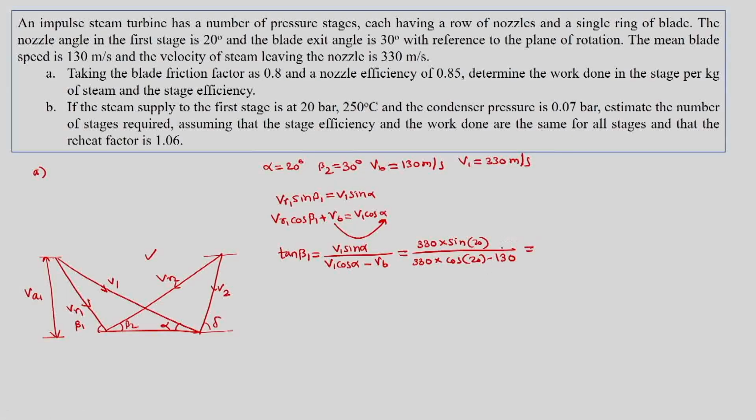And this gives us tan beta 1 as 0.627, which gives us beta 1 equal to 32.07 degrees. So we can have VR1. From this equation we can write VR1 is equal to V1 sin alpha divided by sine of beta 1.